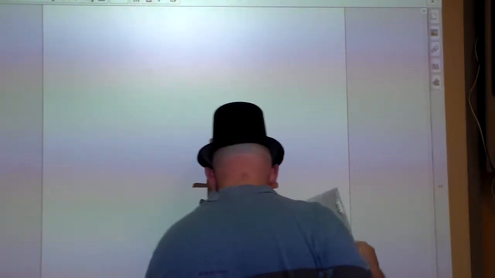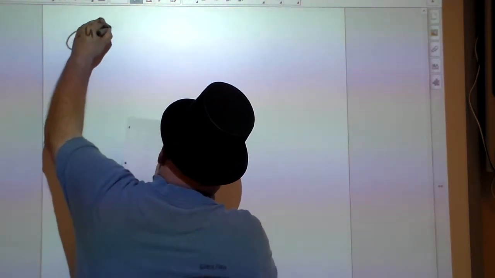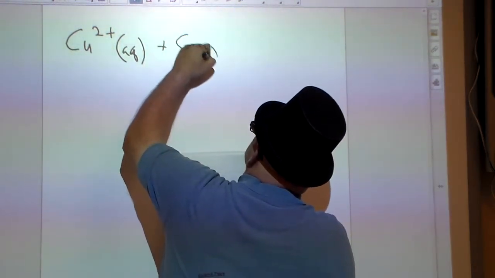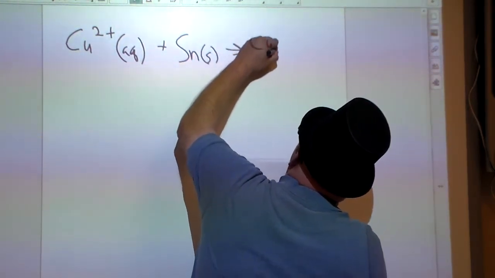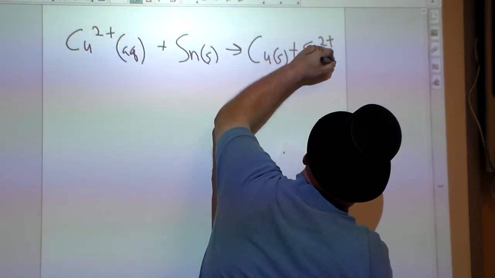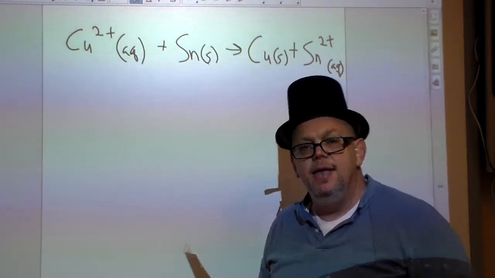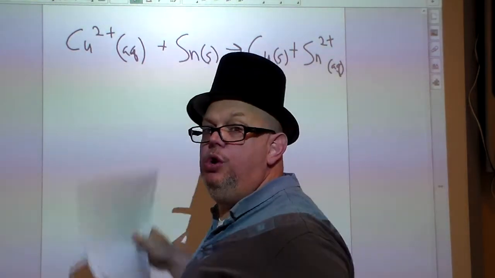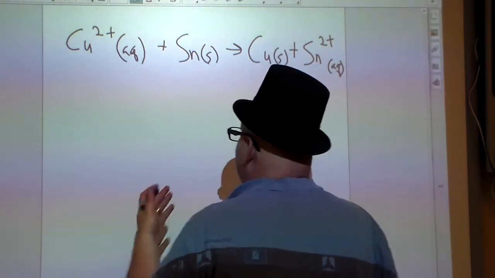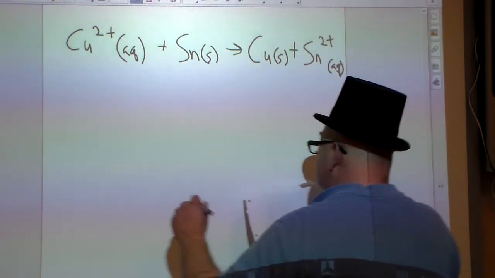We're going to say Cu2+ in aqueous solution, plus tin, which is a solid, and that's going to get us copper as a solid plus tin in the form of an aqueous solution. So it's a very similar situation to the one you had with the zinc, except this time instead of zinc we're using tin. That's what Sn stands for. Let's break it down into our 2 half reactions so I don't bore you with the details.